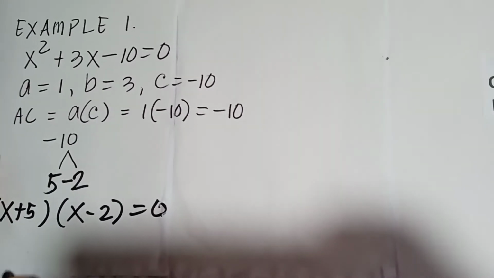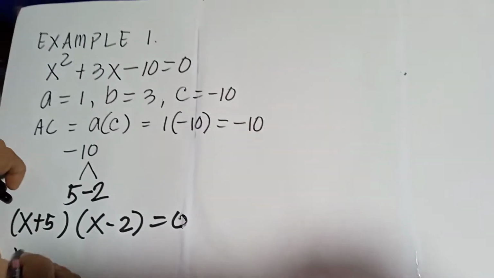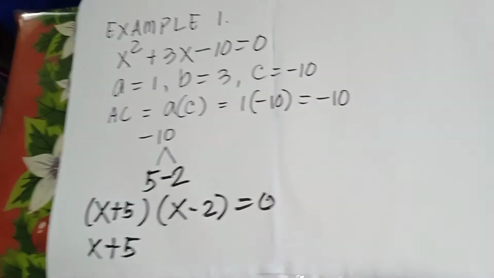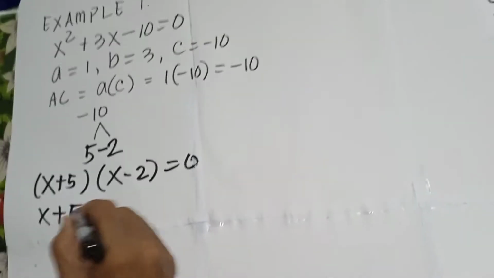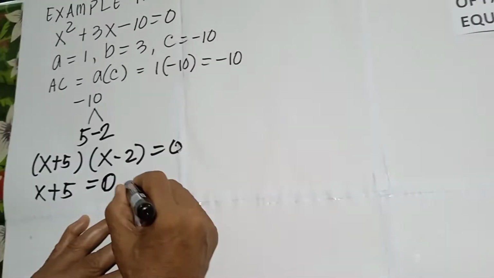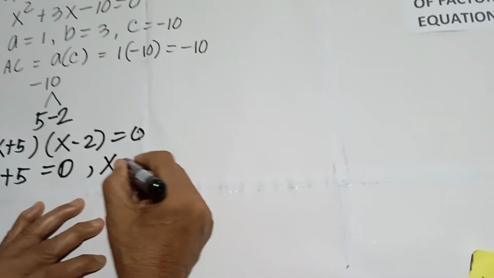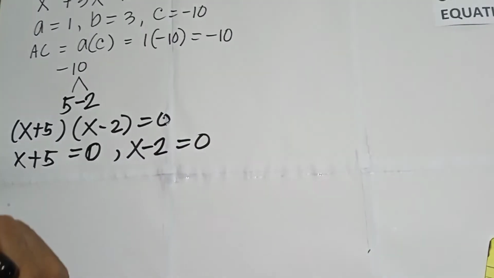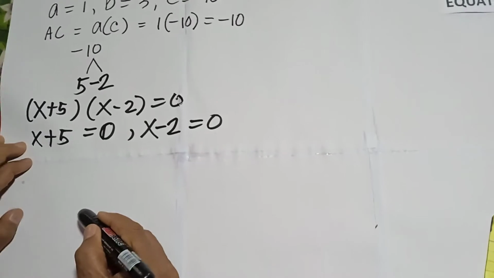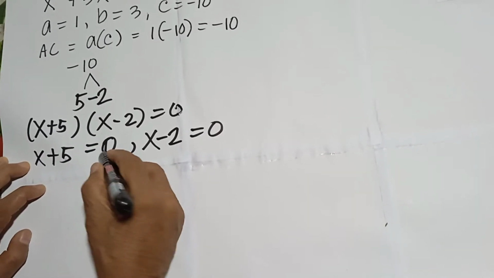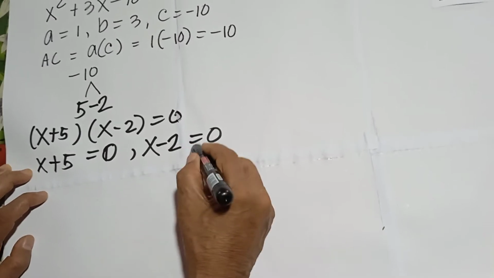And after that, separate the factors and equate them to 0. The other one is x minus 2 equals 0. So we separate the factors: x plus 5 equals 0 and x minus 2 equals 0.